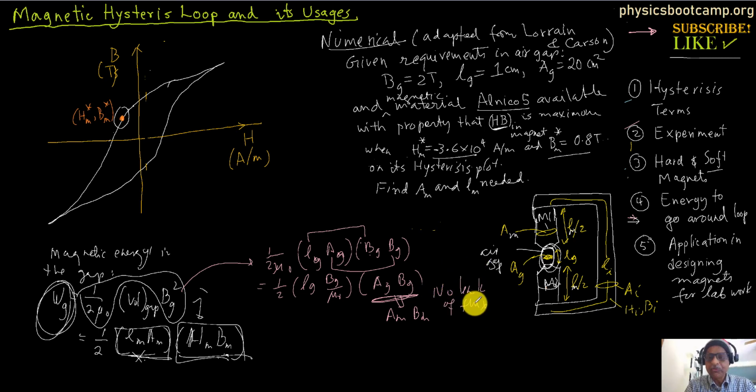I know there will be loss here, so we say no leak of flux. Usually you lose 50%, 40%, 70%, you lose big, but we can assume no leak for the purpose of calculation.